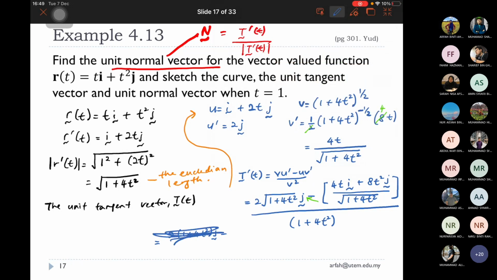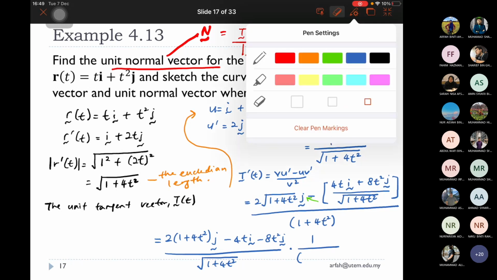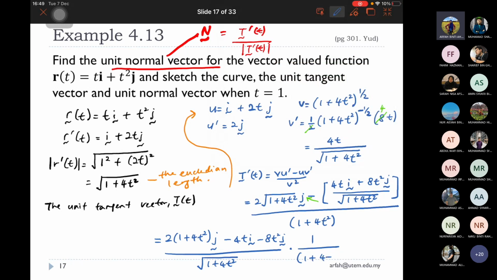Dia akan jadi sama dengan 2 kali 1 tambah 4t squared j, okay, tolak 4ti tolak 8t squared j per square root 1 tambah 4t squared darab dengan 1 per 4 tambah 1 tambah 4t squared per dengan 1 tambah 4t squared.